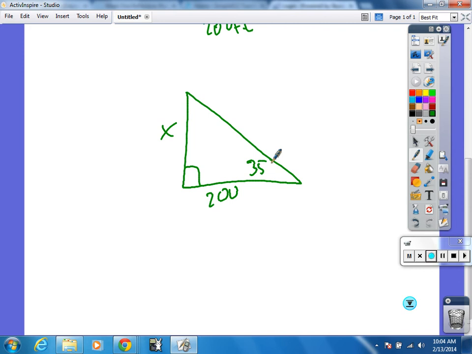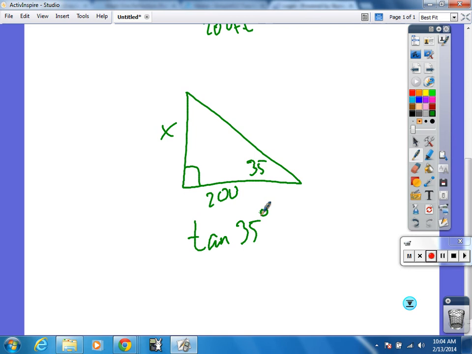So can we find x with that given information? It's just basically right triangle trig, right? So what trig function am I going to use? Tangent, okay? So I'd say, okay, tangent of 35 degrees. It's important to understand that it's degrees, because then you can make sure your calculator is in that mode, correct? And you guys missed points on the last test because of your mode?